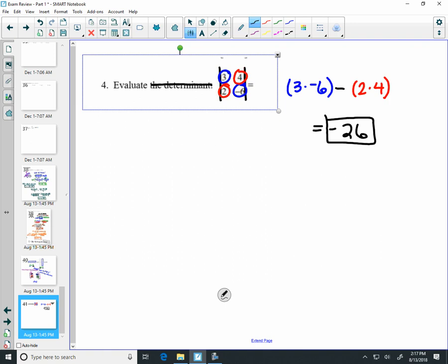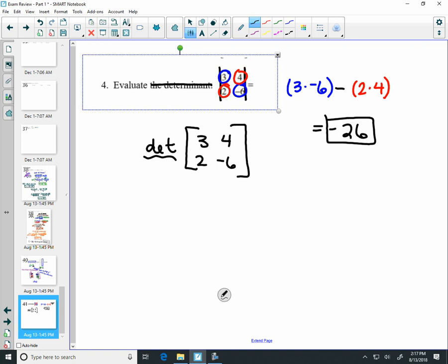So the ACT expects you to know that those bars mean determinant. You can also see it as this, the determinant of the matrix. Those are the two, and this is how your calculator writes it. You can absolutely do this on the calculator, but the math is super easy. So it's multiplication and subtraction.